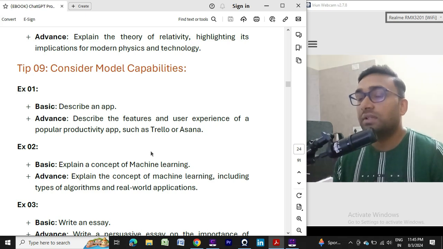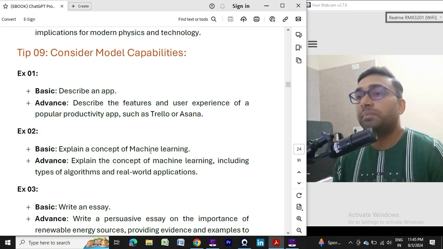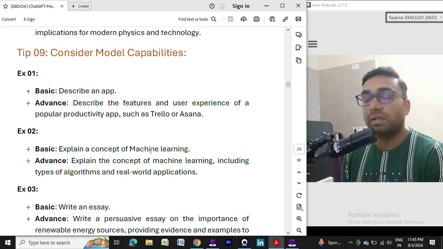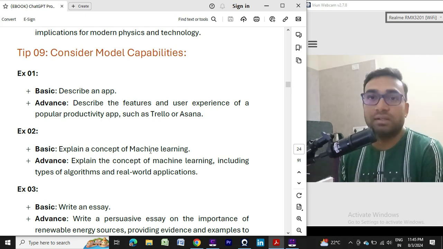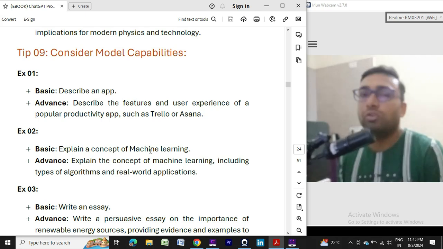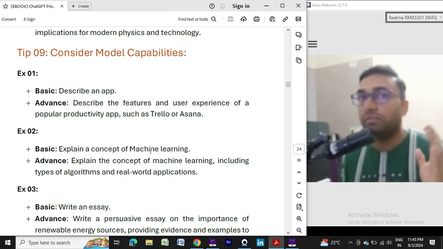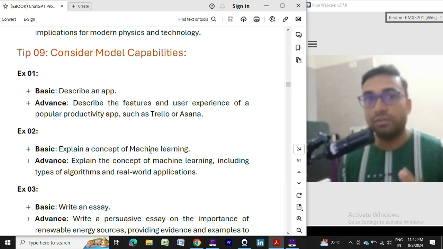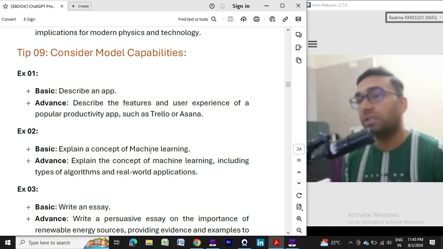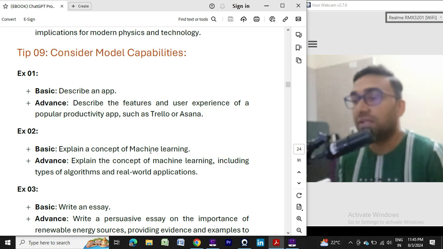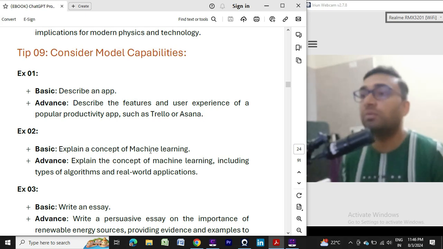Then in example number 2, I am asking ChatGPT to explain the concept of machine learning. Again it's a very broad question, so it will provide a broad answer. But if we want something specific and personalized in the output, we need to write the prompt this way: explain the concept of machine learning, including types of algorithm and real world application.